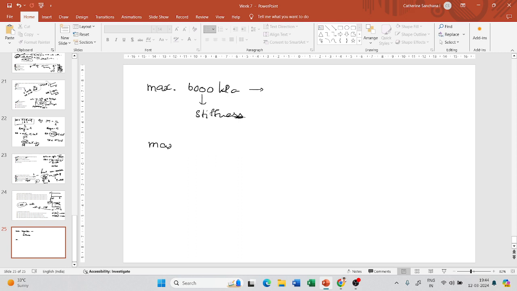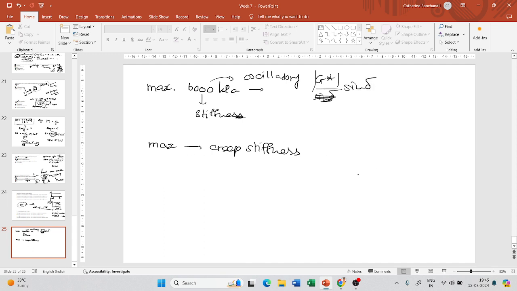Here also the stiffness, which is the creep stiffness. Since you are applying an oscillatory loading, you are measuring the stiffness in terms of G star and sine delta. So G star into sine delta.